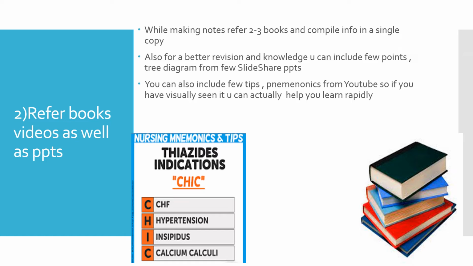Next, we need to remember referring to books, videos, and PPTs for the notes. Suppose if there are any mnemonics, any particular flow chart or something, then we need to write that so that we remember it. Also, we need to write only those side effects that are important.